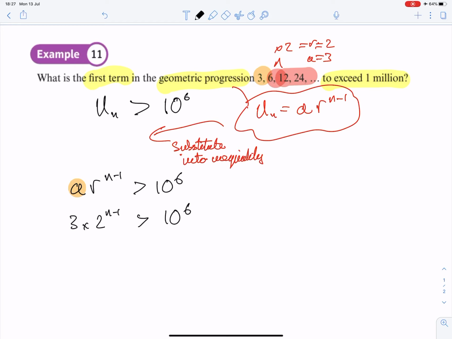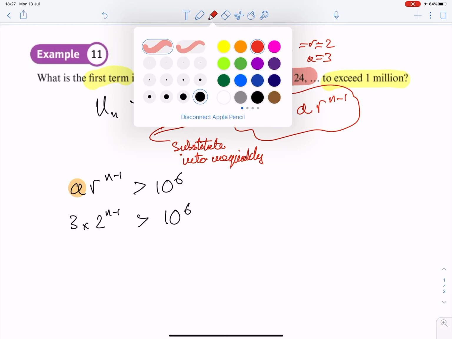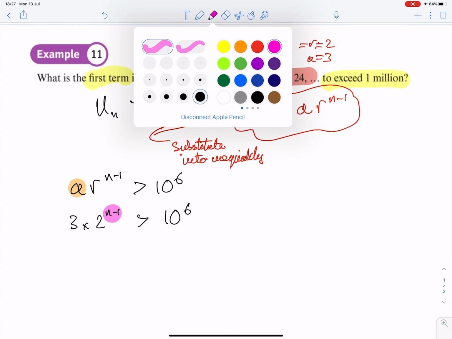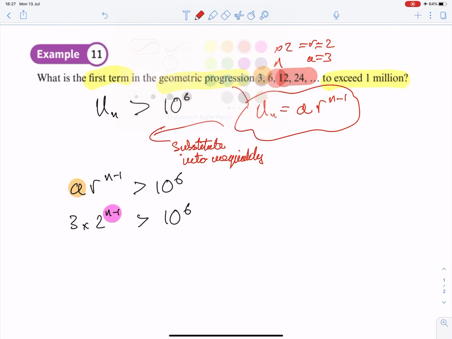Okay, now how much of the work on logs can you remember? We've seen this kind of question before. The unknown is a power.